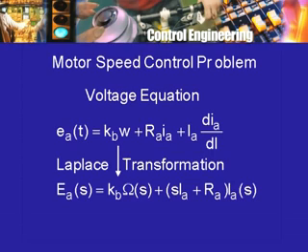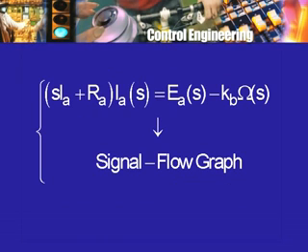Suppose I solve it for I A of s in terms of the other. So I have E A of s minus K B omega of s equals S L A plus R A into I A of s. It's always better to write down things rather than try to do them purely mentally.